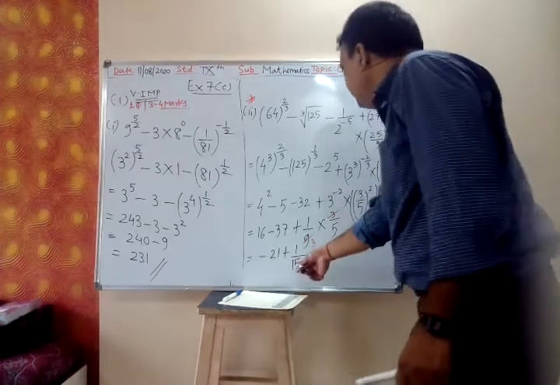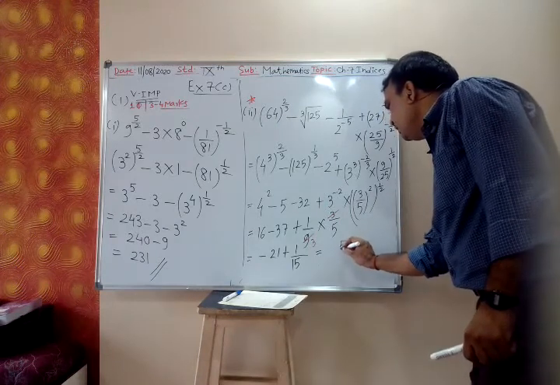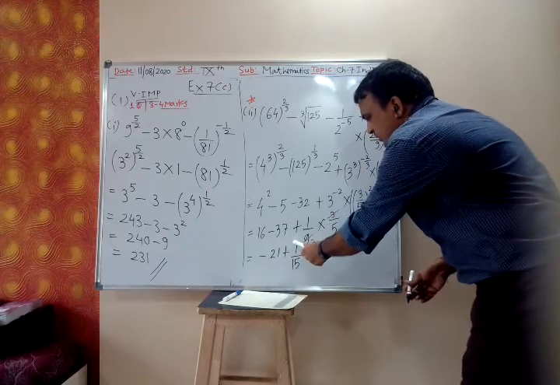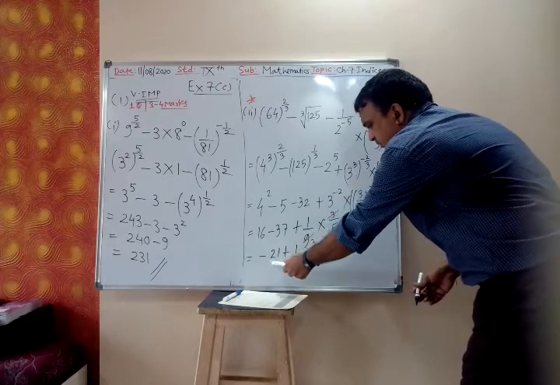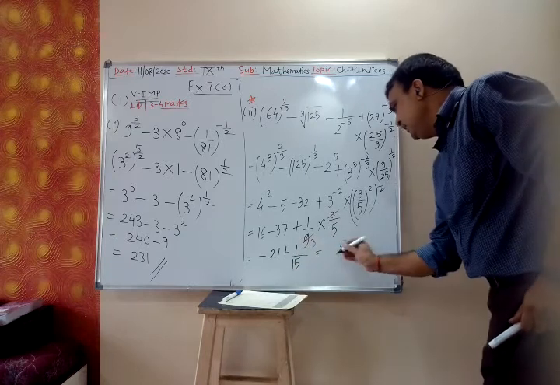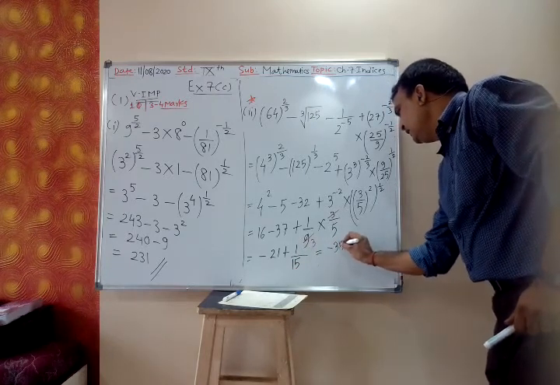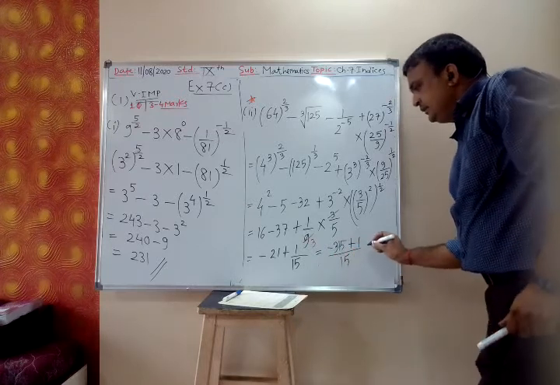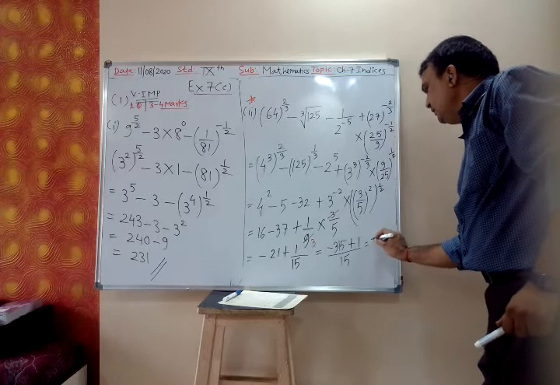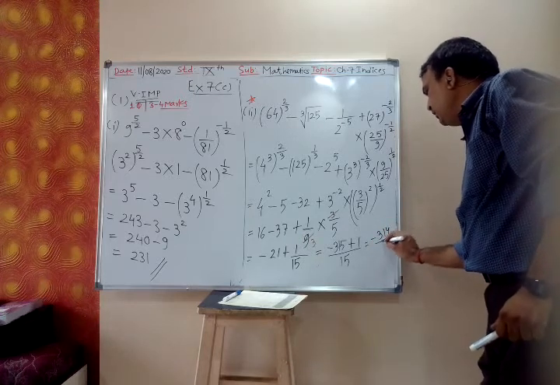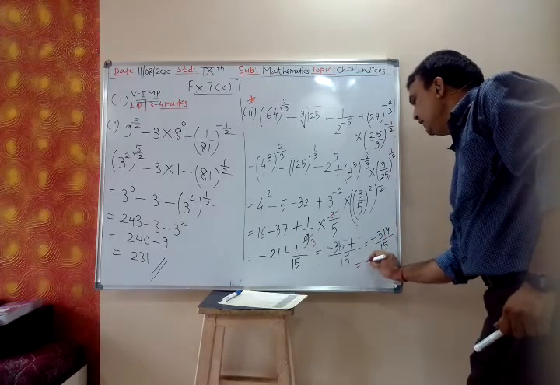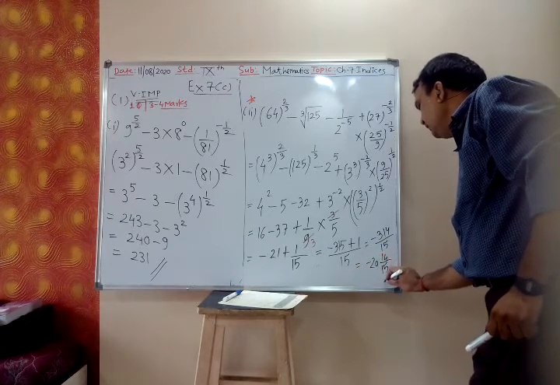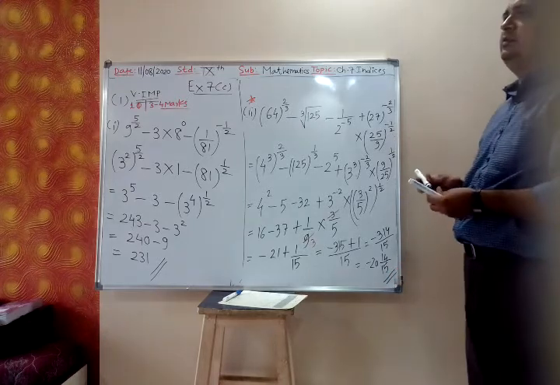You have to take the LCM. So minus 315 plus 1 upon 15. So that is minus 314 upon 15, which is minus 20 and 14 upon 15 as a mixed fraction. Even if you stop there at minus 314 upon 15, you will get full marks.